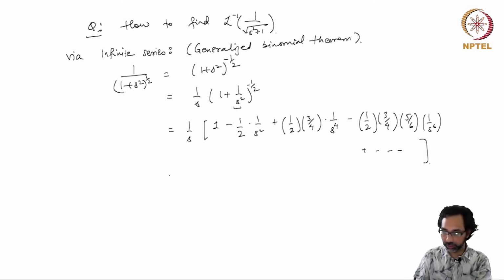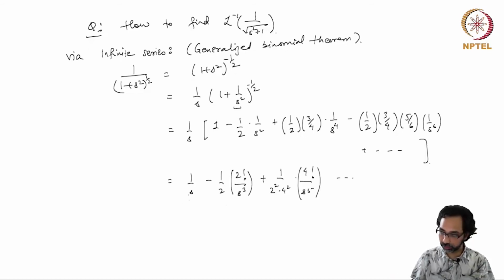This is an infinite series, and this can be rewritten as 1 over s minus half times 2 factorial over s cubed plus 1 over 2 squared times 4 squared, 4 factorial over s to the power 5, and so on.